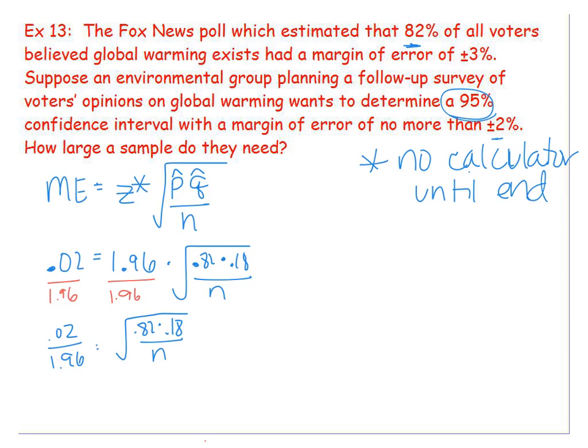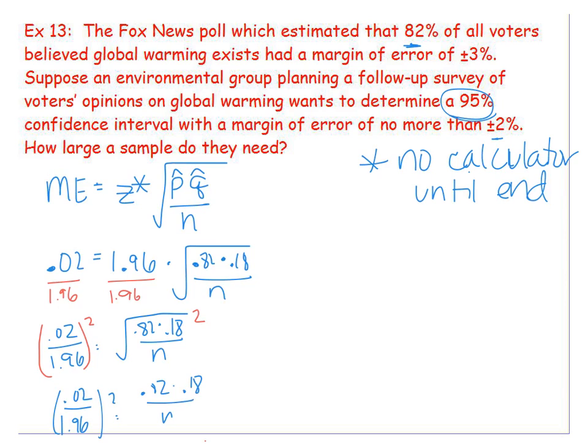Well, that would be the square root. Well, how do we get rid of square roots? We square both sides. Notice I'm using parentheses because I want to square all of it. So we now have (0.02 divided by 1.96) squared equals 0.82 times 0.18 divided by N.